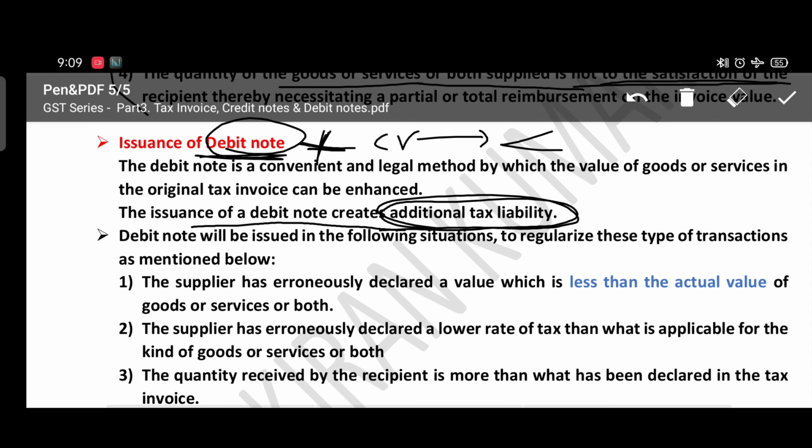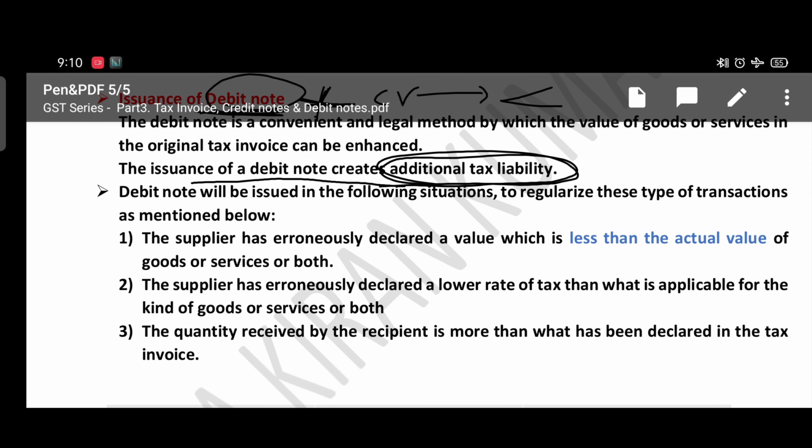Suppose you have supplied 100 rupees of goods or services to your recipient, but you have given a tax invoice only for 80 rupees. Then you have to raise the 20 rupees difference to increase your tax liability. For the 20 rupees you have to issue a debit note on the recipient, and we will see in which cases we can raise a debit note.